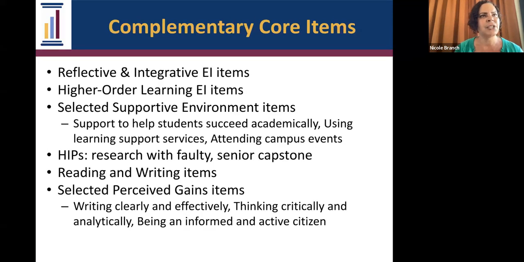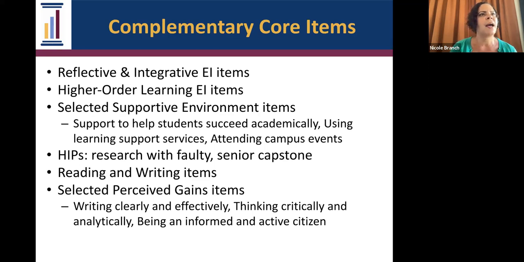In addition to the information literacy module, core items in the NSSE survey may also be complementary and can provide useful data related to information literacy. For example, the reflective and integrative engagement indicator items that ask about connecting learning to social issues may be complementary.